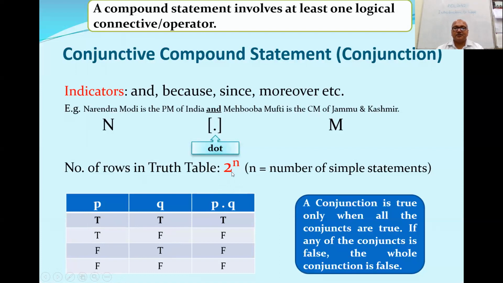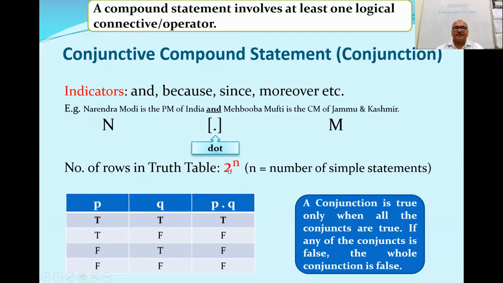We can just put 2, n is the number of statements, so 2 to the power of 2, so 2 to the 2 is 4. So there are 4 possibilities with respect to the truth value of their conjunction. They can combine in these 4 possible ways, and we can calculate their truth value in this way. So how to construct a truth table?